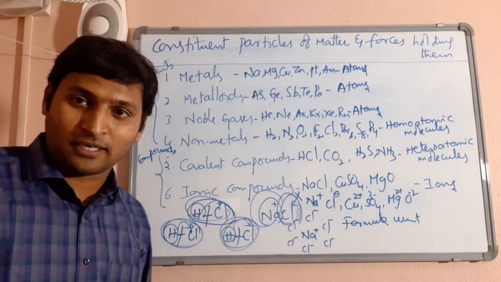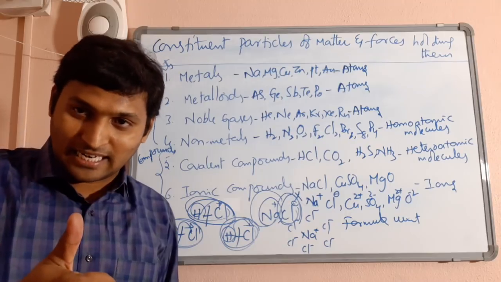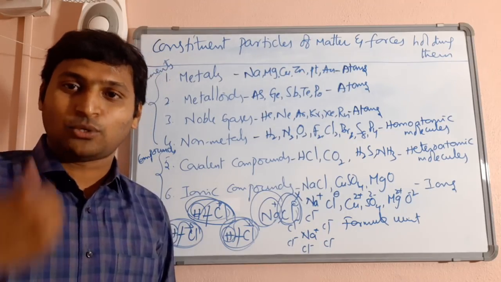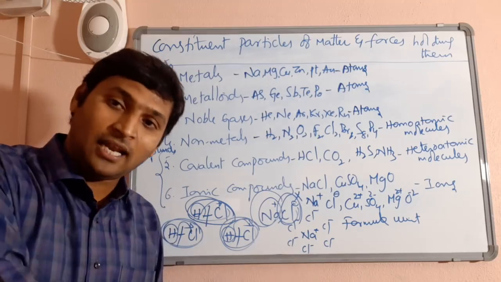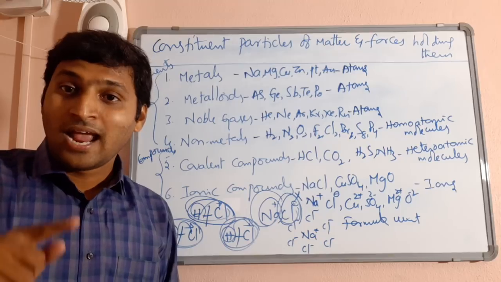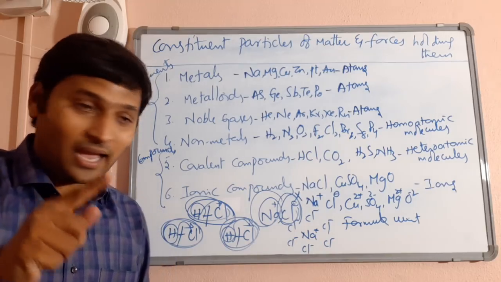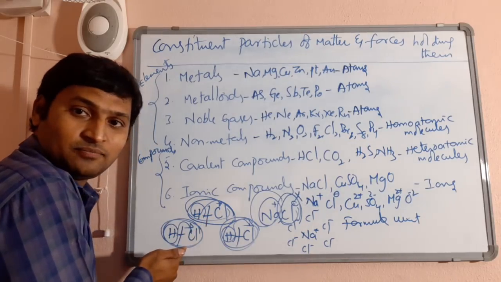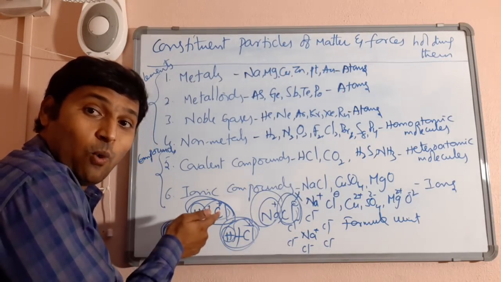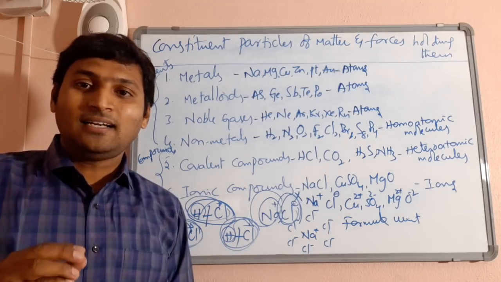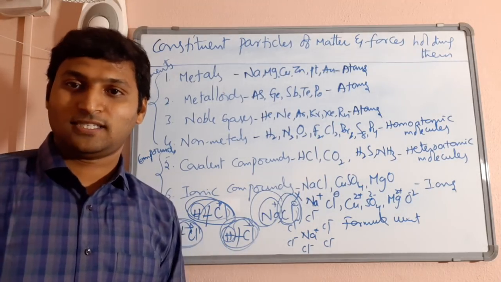Whereas physical properties, like in what physical state it should exist, what boiling point it should have, what melting point it should have, whether it should be soluble in other substance or a given solvent or not, all these things are decided by what holds one molecule from the other, which are called intermolecular forces.